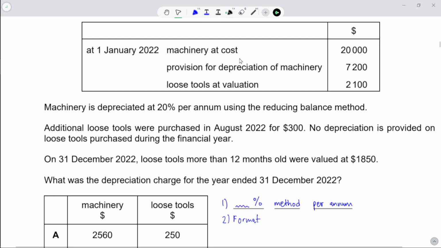Okay. First thing first, let's highlight the percentage method and per annum. Then we need to do the format.